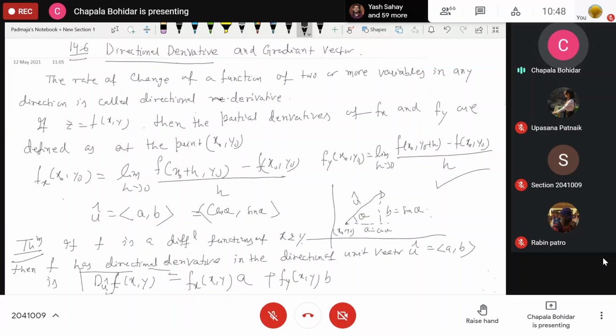If the angle is given to you, you can put A and B as cos theta, sin theta, and you can solve it.